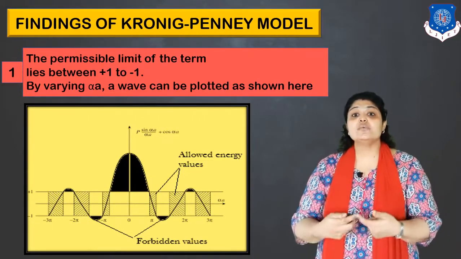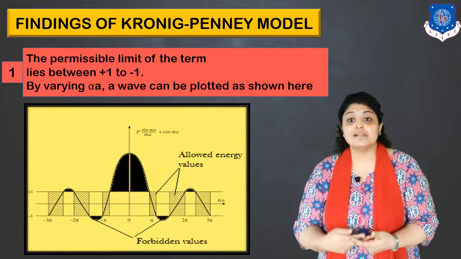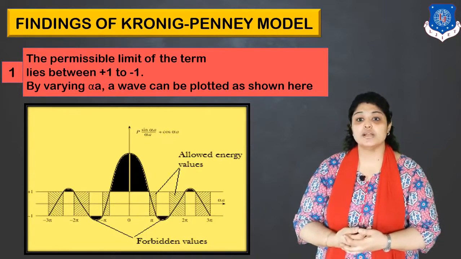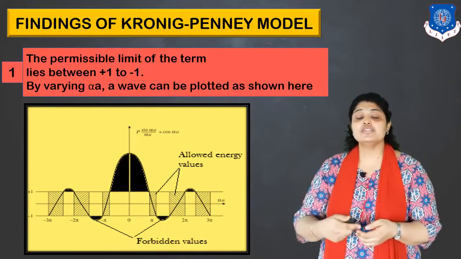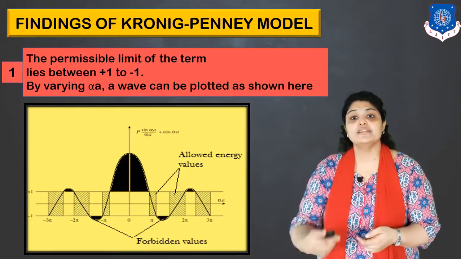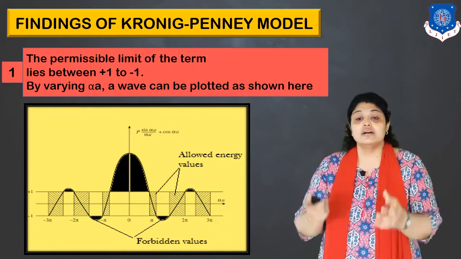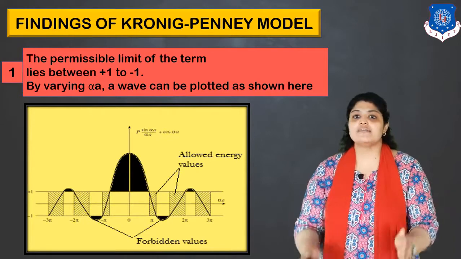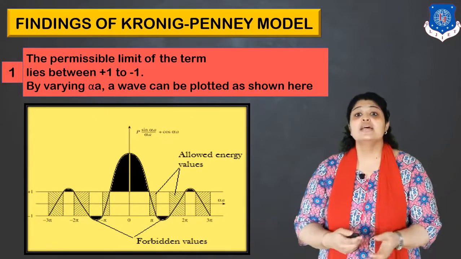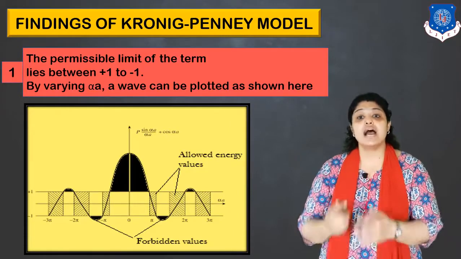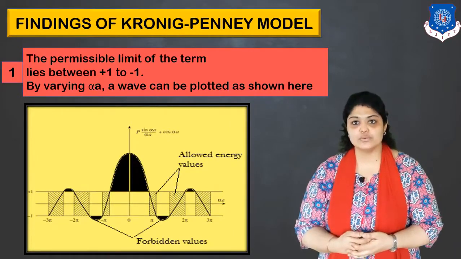These are the values which are not acceptable. Why? Because they are not in the permissible limit -1 to +1. So these values of energy are labeled as forbidden values. That is the reason we say that the forbidden gap is an energy value which can never be occupied by electrons. And all the values which are in the range -1 to +1 are known as allowed energy values.